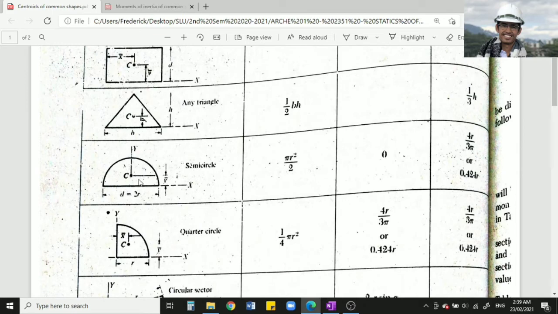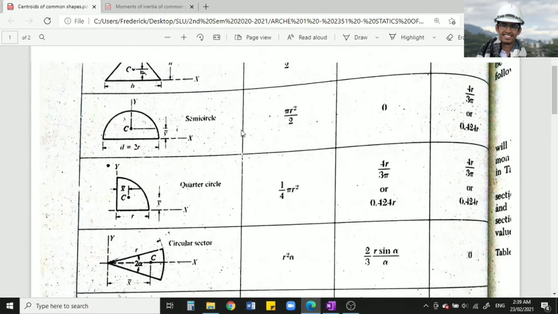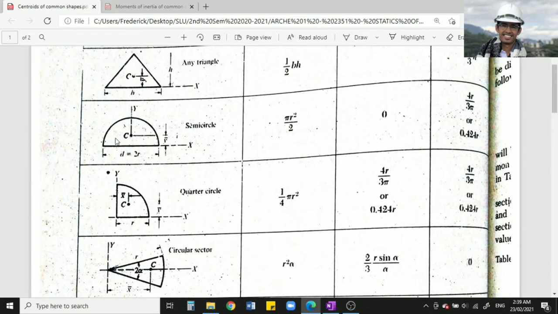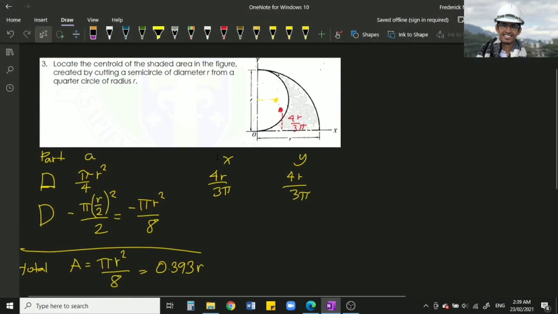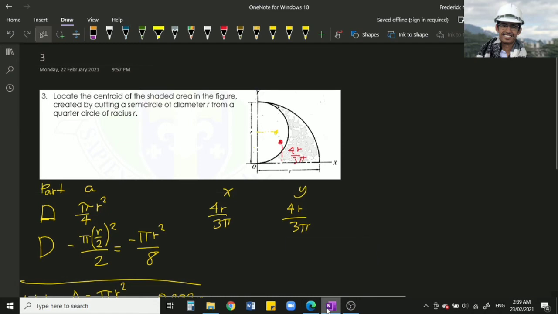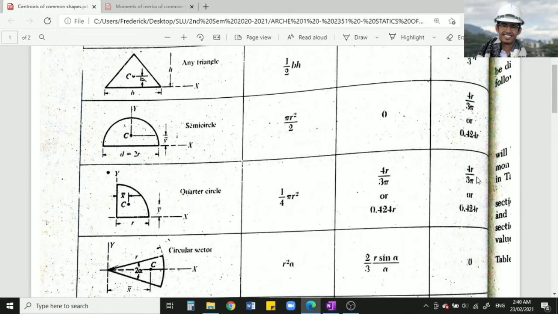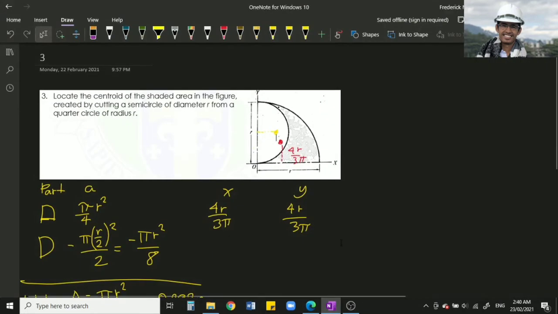So yung magiging x-axis natin is yung bar y dito sa ating table, no? Kasi yung orientation nito is pahiga. And yung orientation nito is pa-vertical, no? So, yung bar y dito is yun yung magiging bar x dito sa ating semicircle dito sa ating example. Okay? So, that will be 4r over 3 pi din, no?